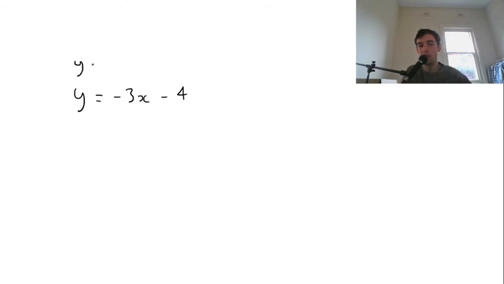We'll write gradient intercept form above it. And I didn't line that up very well, did I? Okay, so it looks like it is. C is -4 and M is -3.